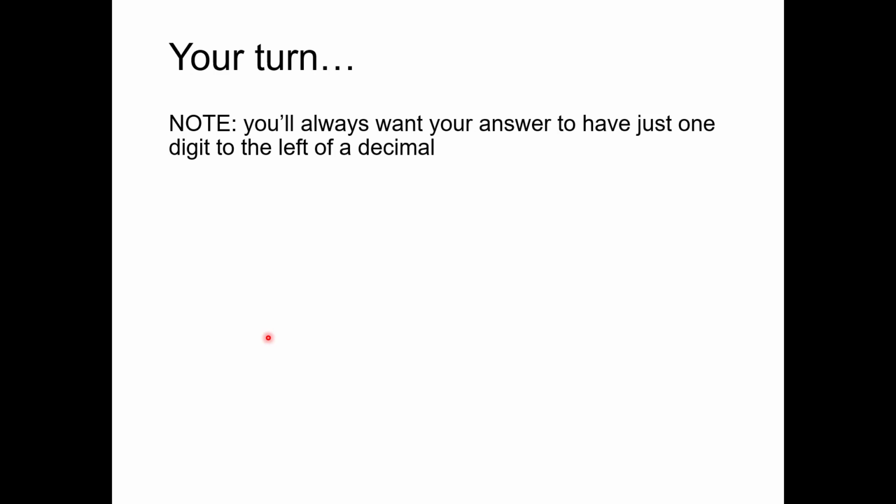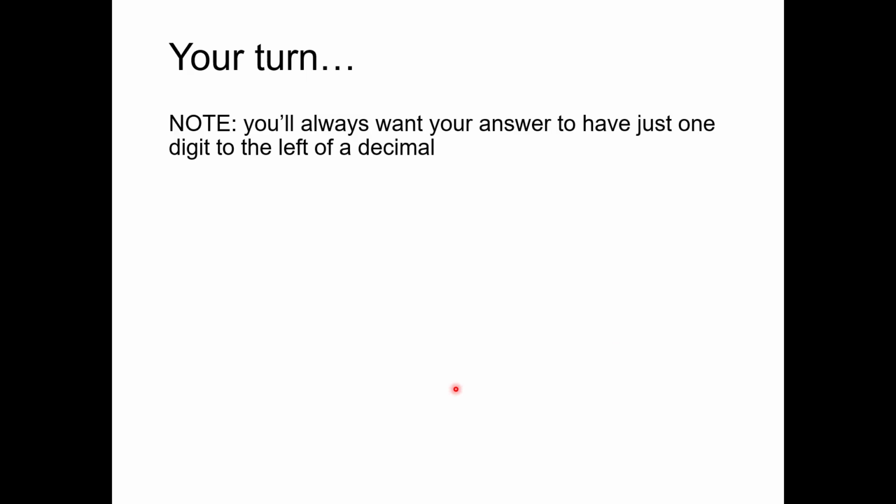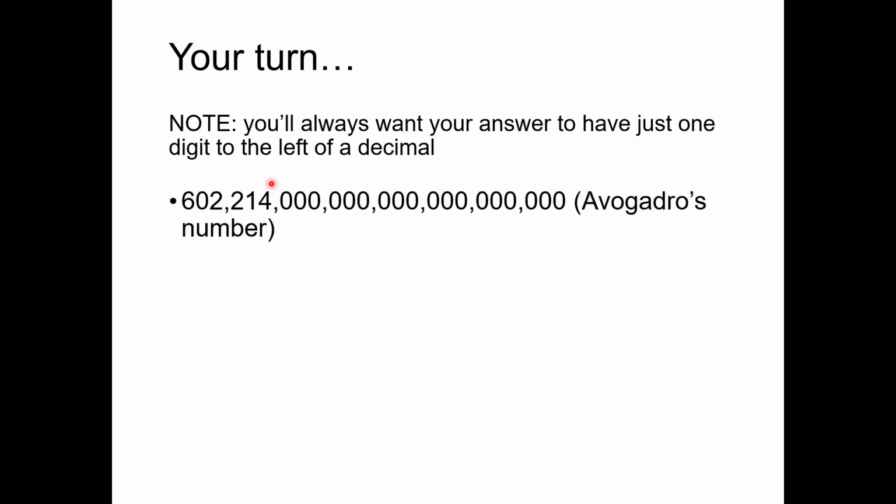And so anytime that you do a conversion like this from the real value to the scientific notation version of that number, you'll always want your answer to have just one digit to the left of the decimal point. Okay? So why don't we start with this number right here? If the decimal starts out right here, how many times do you have to move it in order for it to end up here?